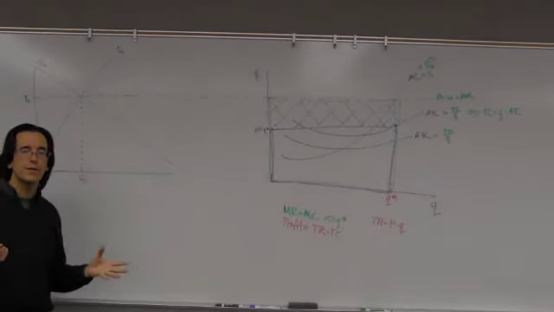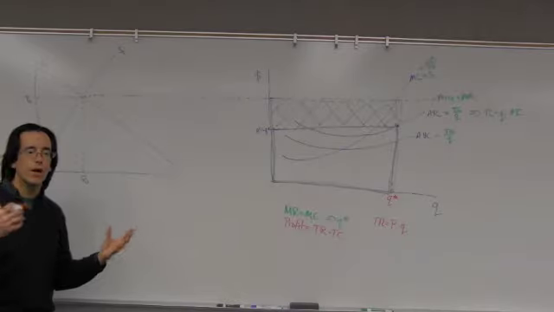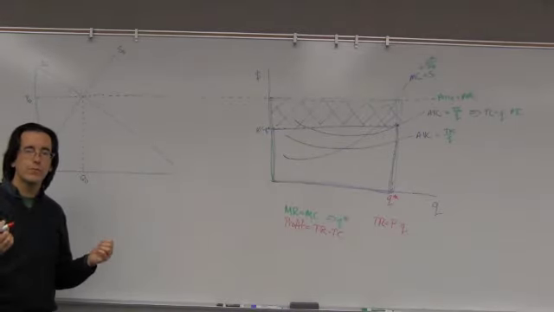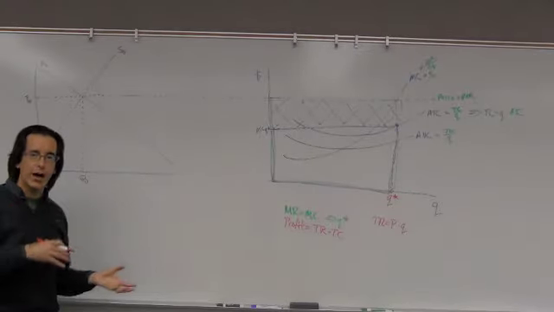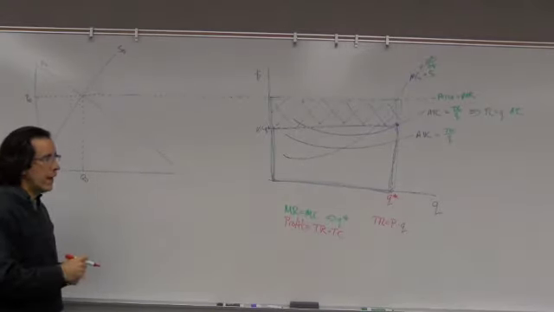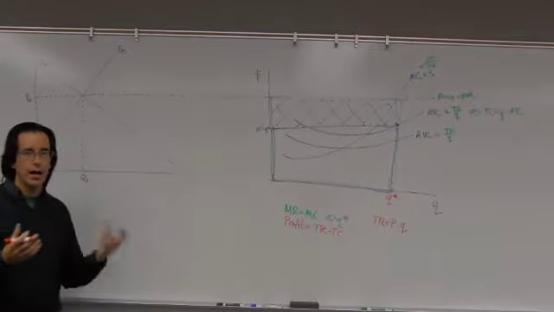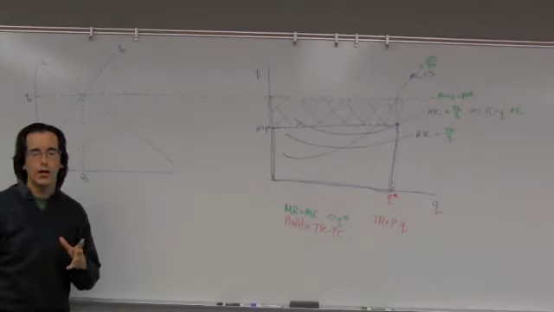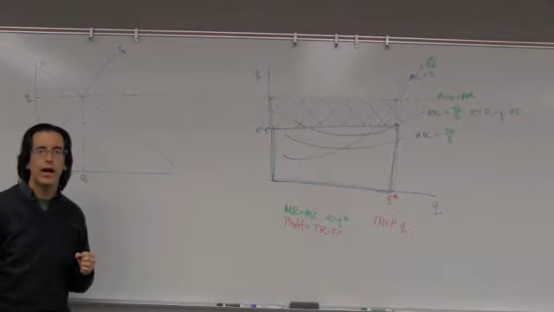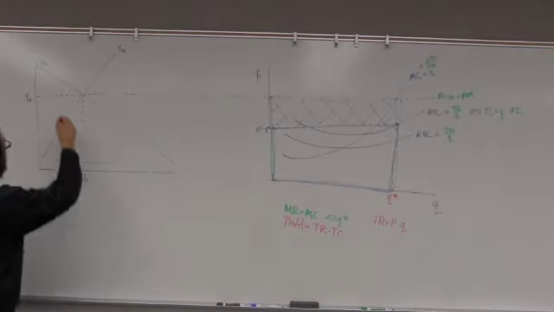Remember, demographics are one of the shifters of demand. We'll say that there's been a large amount of migration out of the market. So let's say we're talking about a local market for avocados, and suddenly it's summer and all the students have left. So we have fewer consumers in the market.